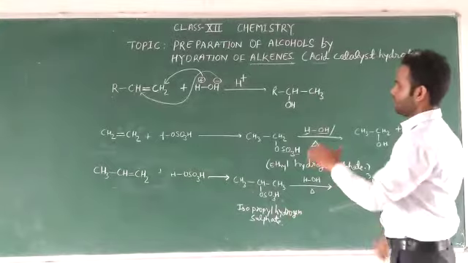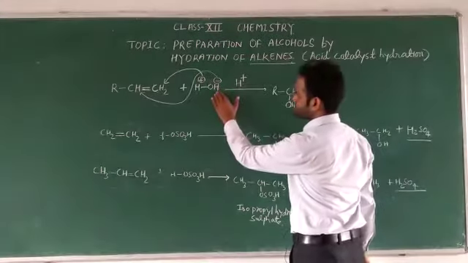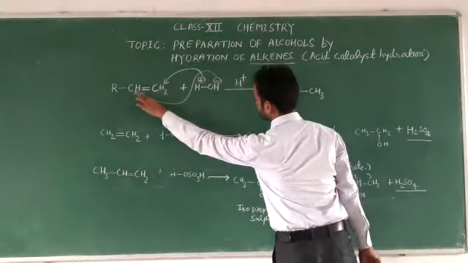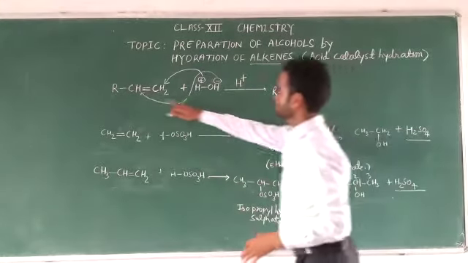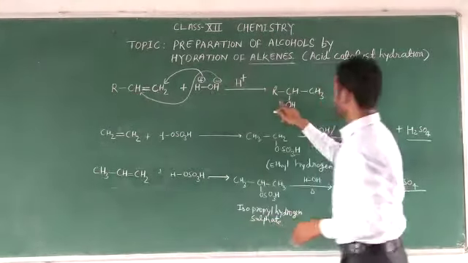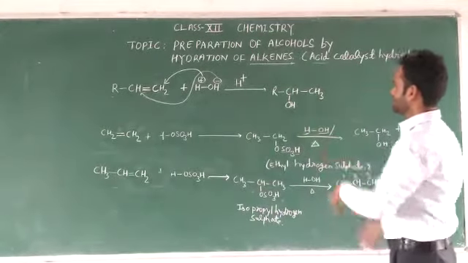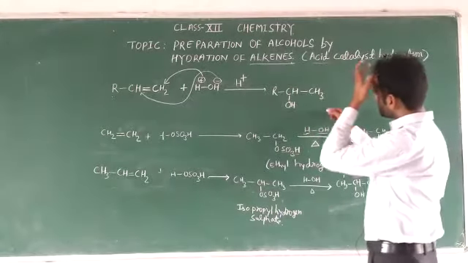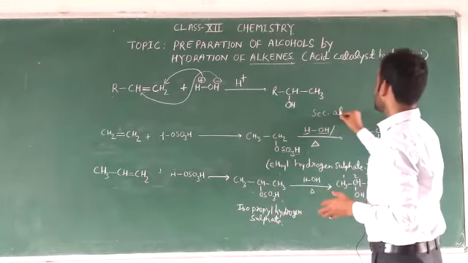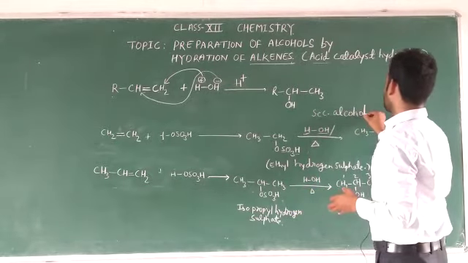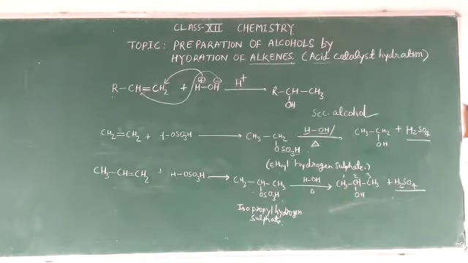Because the negative part is attached to the carbon with fewer hydrogen atoms, we get RCHOH and then CH3. This is a secondary alcohol. Secondary alcohol we could get here.